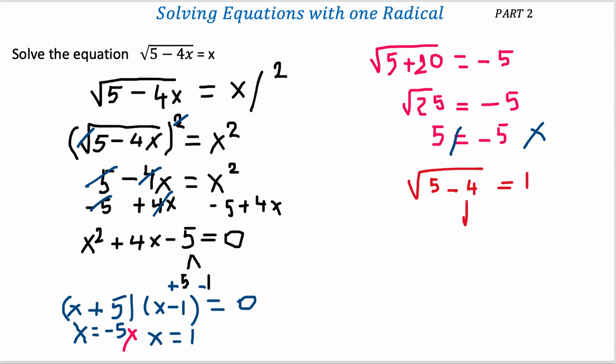And this is the square root of 1, and the square root of 1 is equal to 1. And on this side I have 1. So this is a valid solution. The only solution that works is this solution here: x is equal to 1.